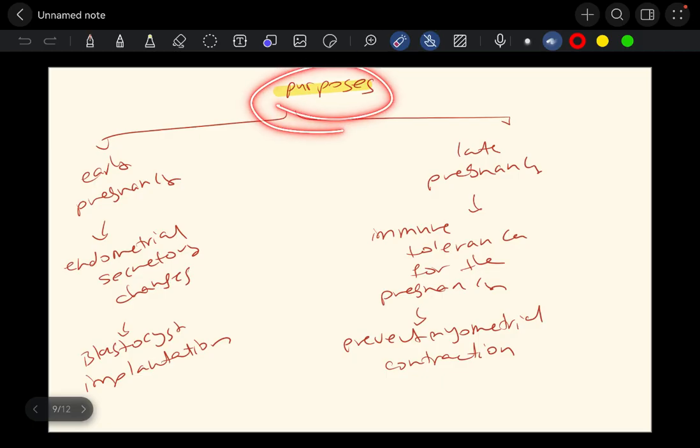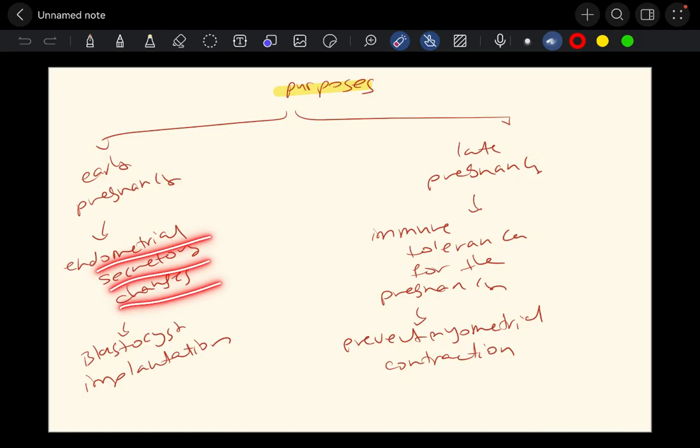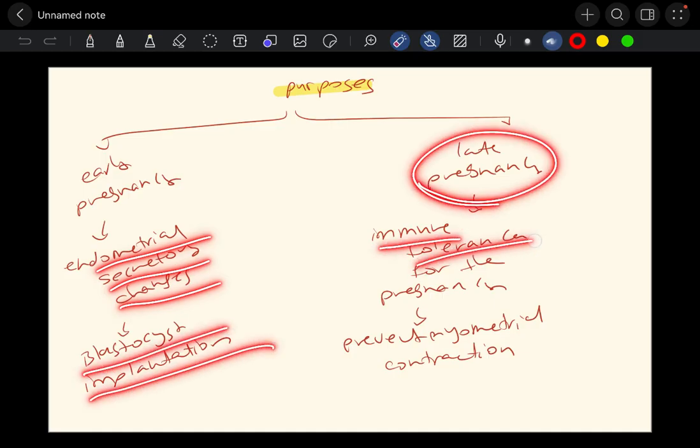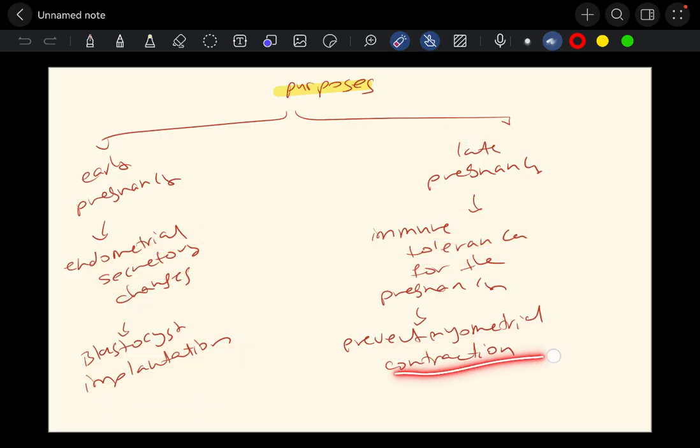The purposes of progesterone: in early pregnancy, endometrial secretory changes and blastocyst implantation, and in late pregnancy, immune tolerance for the pregnancy and prevention of myometrial contraction. So it has the opposite effect of oxytocin, because oxytocin increases contractility and progesterone decreases contractility.